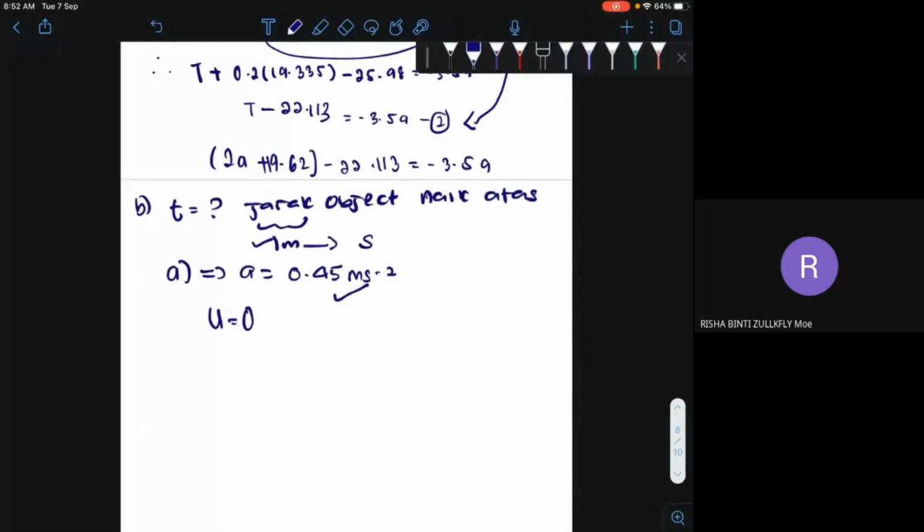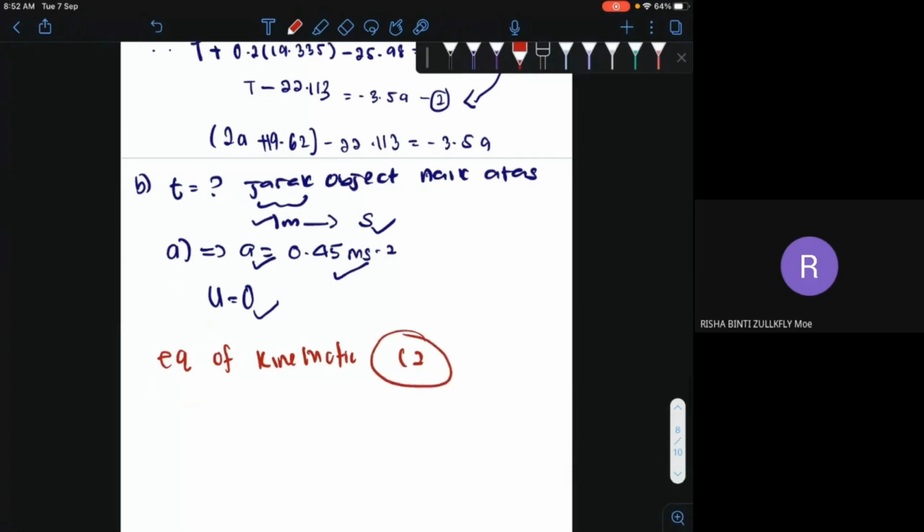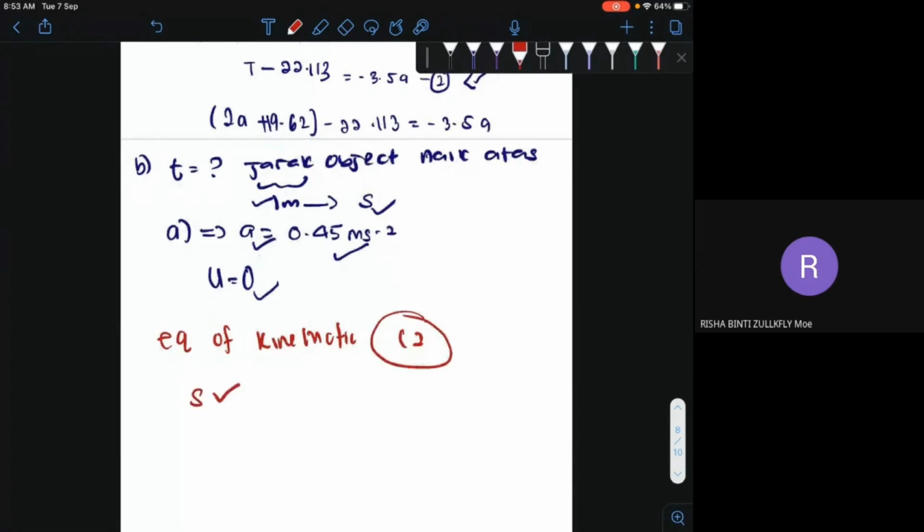Okay, since kita ada U, A dan juga S, kita nak cari T, kita boleh guna equation of kinematic, iaitu chapter 2 kamu. This is chapter 2. S ada, A ada, U ada, kita nak cari T. S equals to UT plus half AT square.